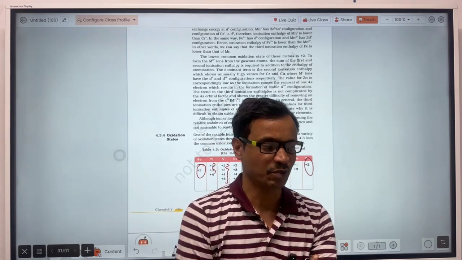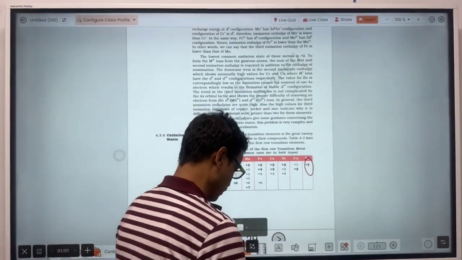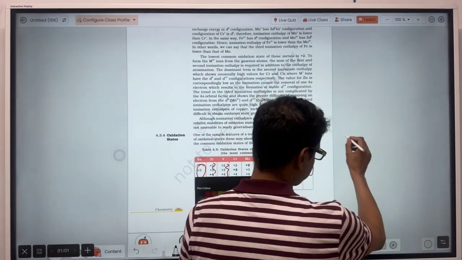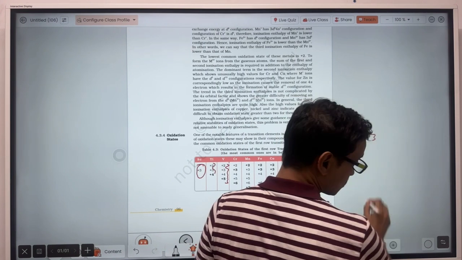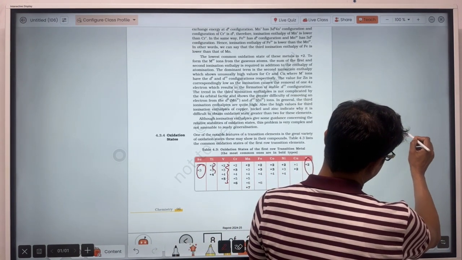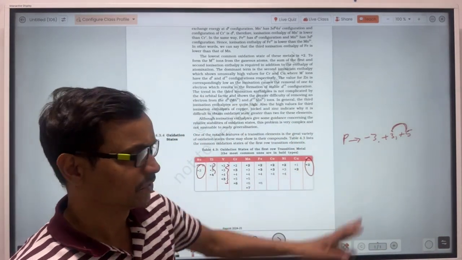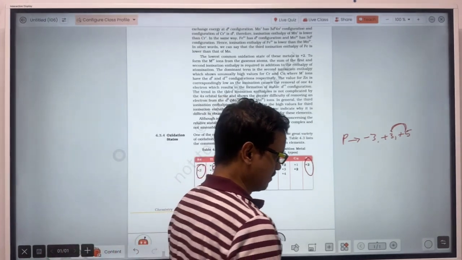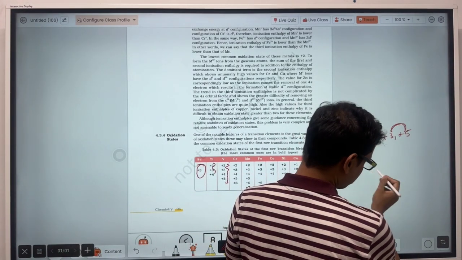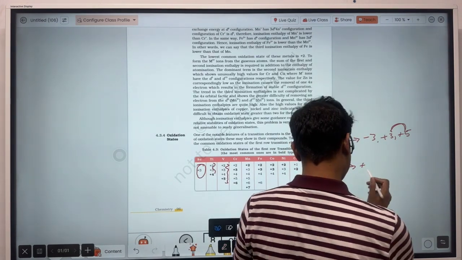That means suppose let's see phosphorus, group 15 elements, or you may also take nitrogen. Phosphorus shows the oxidation states of -3, then +3 and +5. So the oxidation state shown by phosphorus varies through 2 units. Same here when you consider sulfur.